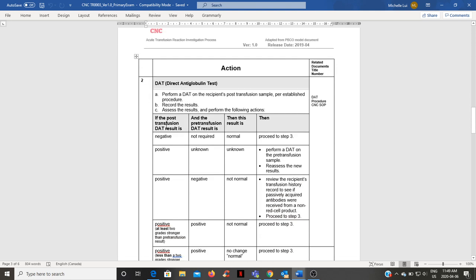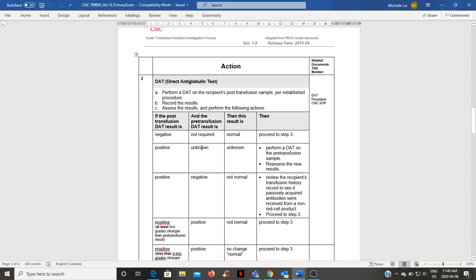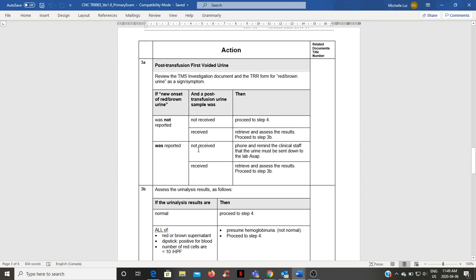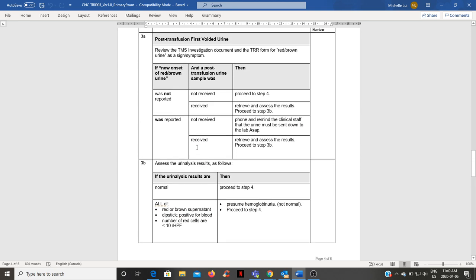A very long and convoluted way to catch every single scenario of what kind of results you might encounter, to give you direction for every different path you might take. So this is why the procedures are really long when you're really just doing a plasma check and a DAT, is to give you guidance if you find different scenarios.